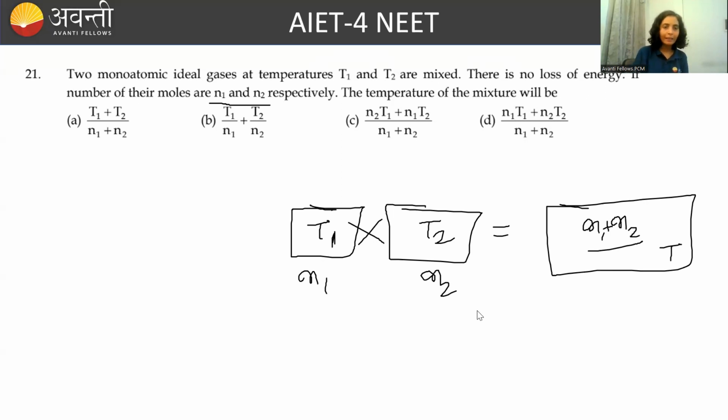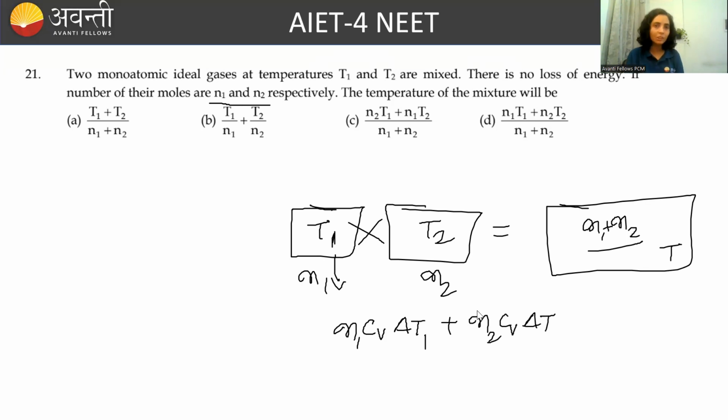It means internal energy change of first gas, what we will write? N1CV delta T for first gas, okay? Plus, this is the change in internal energy of first gas. And second, N2CV delta T. And if there is no loss of energy, means the sum of change of internal energy of these two gases should be equal to what? 0. ठीक है? तो चलो अब देखते हैं कैसे आंसर आएगा.